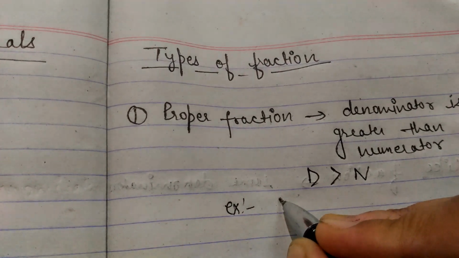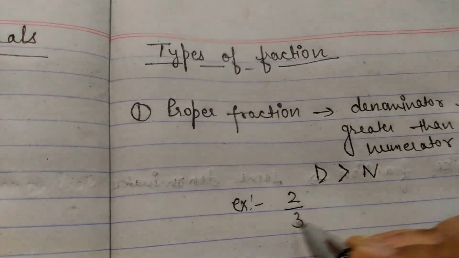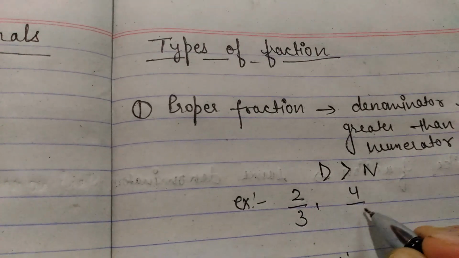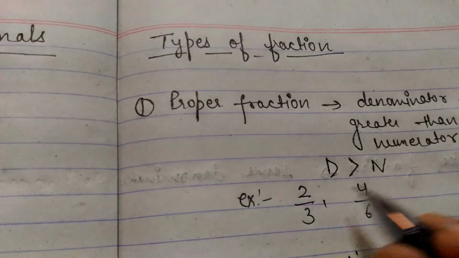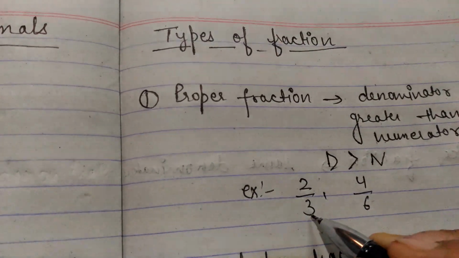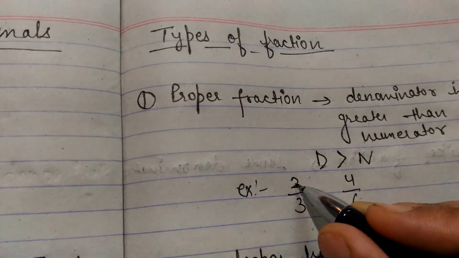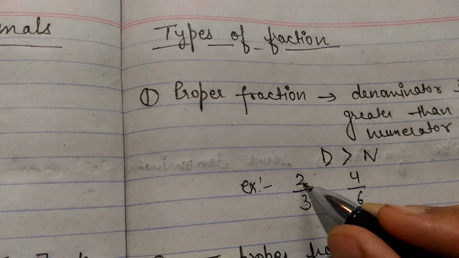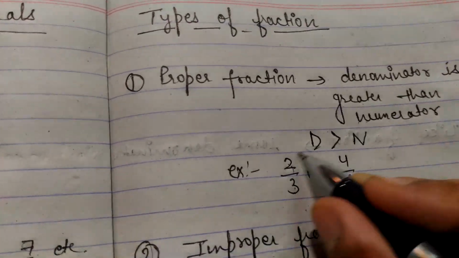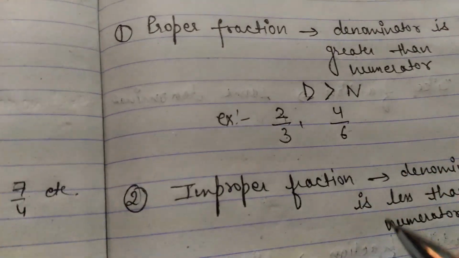For example, 2 upon 3, 4 upon 6, etc. Here the numerator is 2 and the denominator is 3, and 3 is greater than 2. These fractions are proper fractions.